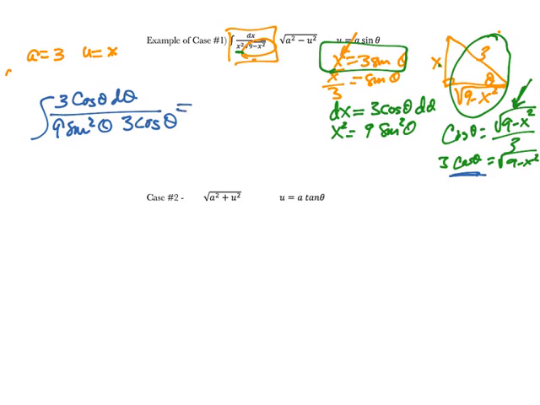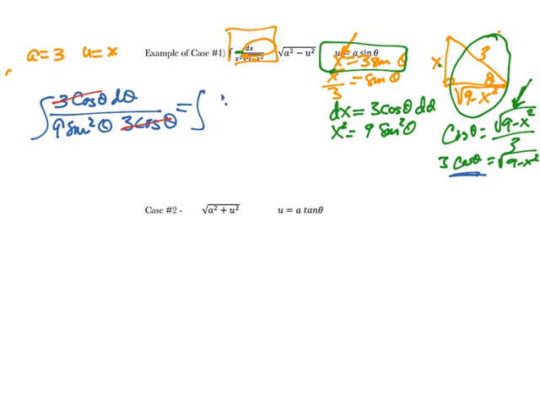Now, looking at what we have, we can do some algebra here, and we can cancel out the 3 cosine thetas. And so I really am just left with the integral of 1/9 times d theta over sine squared theta.